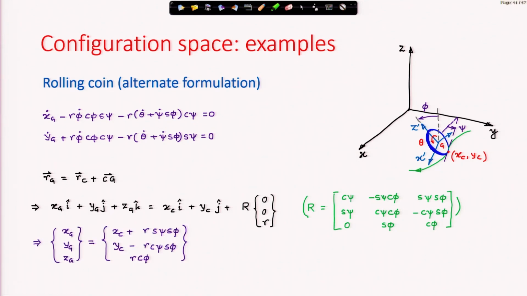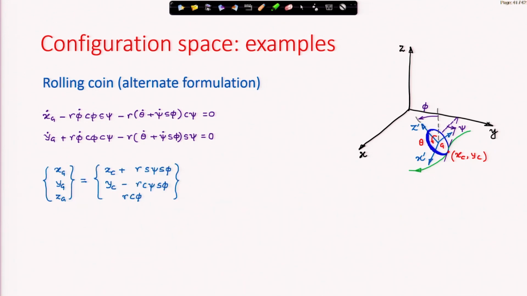And if I do that, I leave it to you to complete the final details. I get this expression of x_g, y_g, z_g. Now, you see x_g, y_g, z_g are in terms of x_c and y_c, and of course psi and phi and the radius of the coin.